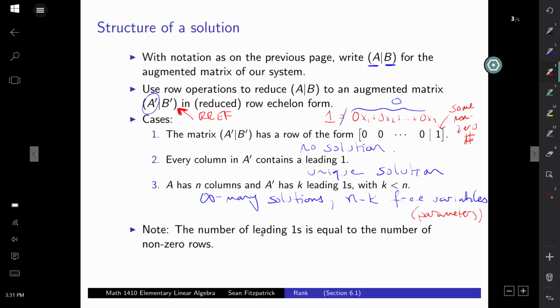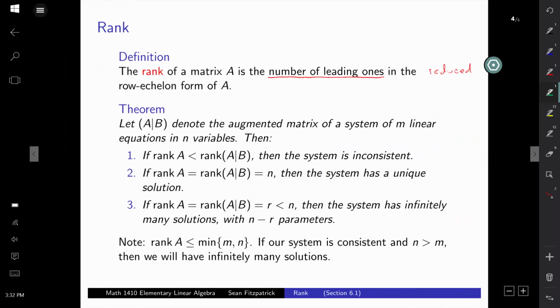Because if we are in this situation where we've got a row like this, where there's all zeros on the left, and then we've got this extra leading 1 sitting there in the constants column, that's one more leading 1 than we would have had without that last column. So this is saying that the rank of A|B is 1 greater than the rank of A, because we get one more leading 1.